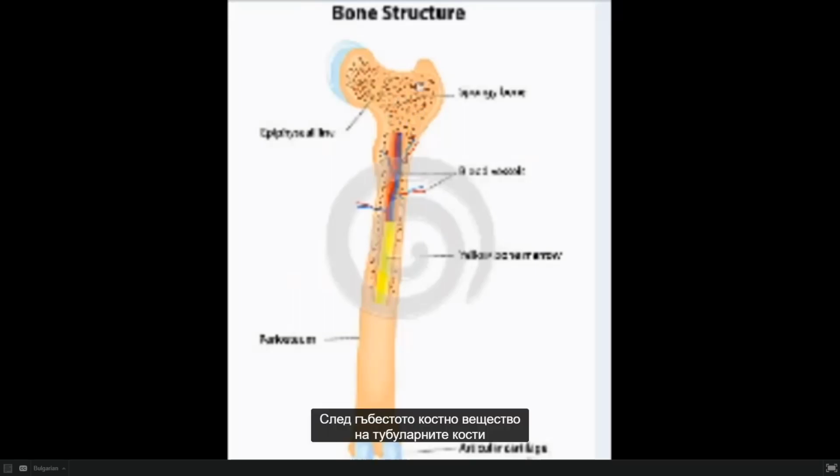Then, after the spongy bone part of the trabecular bone, comes the hollow. The hollow is full of bone marrow. After the bone marrow and all the vessels that feed it, comes the yellow bone marrow. But actually, this is the tiny skin which covers the marrow.